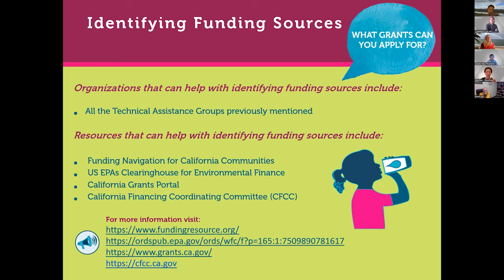There's a lot of funding available right now, both from state and federal grants and also from the state budget, and we'll get into that more in the next slide. But signing up for these listservs and receiving email communication about what's available is really helpful. Okay, next slide.